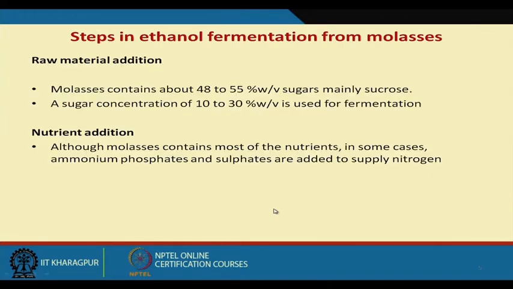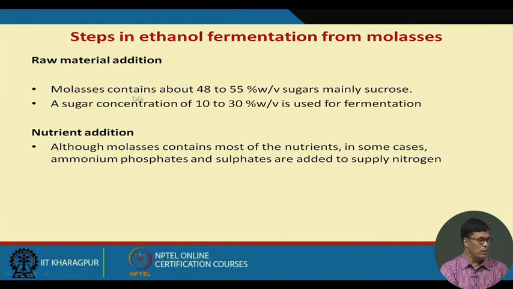in the fermenter. Now the raw materials addition: molasses contains 45 to 55% weight by volume sugar, and the sugar concentration of the fermentation broth usually varies from 10 to 30% weight by volume, because initially, maybe 15-20 years before, the alcohol concentration of the fermentation broth was 7 to 8%.